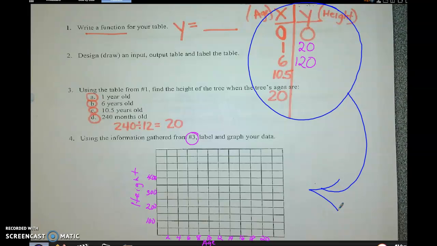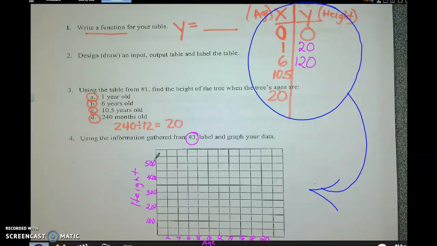Now, I've decided to label my axis by counting by hundreds for the y-axis. So the y-axis is measuring height, and I counted by hundreds since I know that I'm going to end up having some big numbers with our graph. And then the x-axis dealing with age, so I counted by 2s.